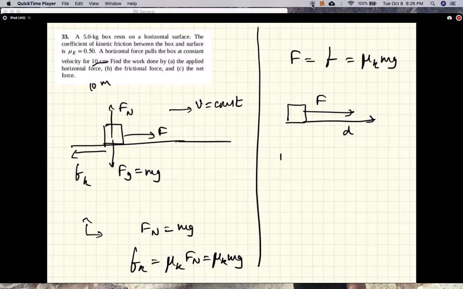Alright, so the work done by the force is F d cosine 0 degrees, because the angle between F and d is 0 degrees.